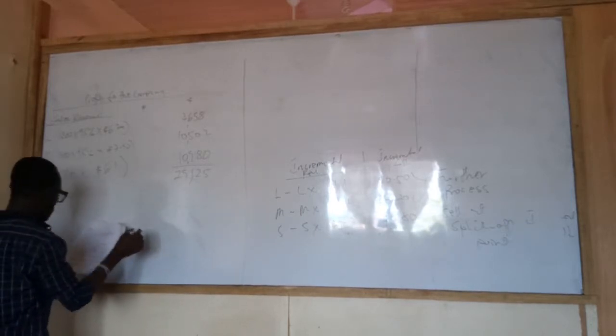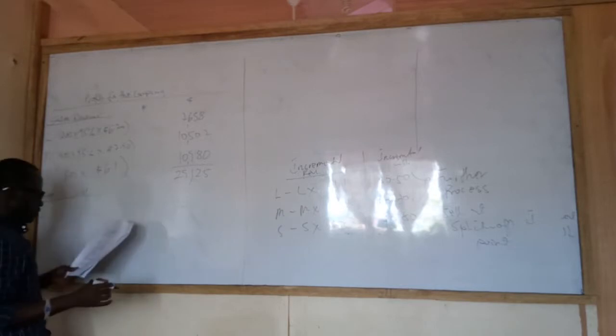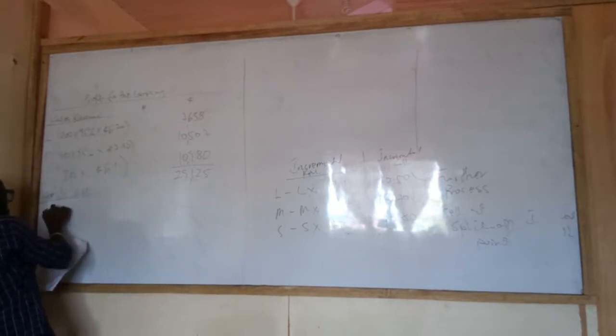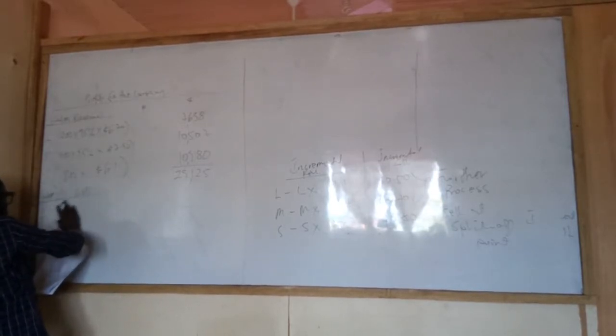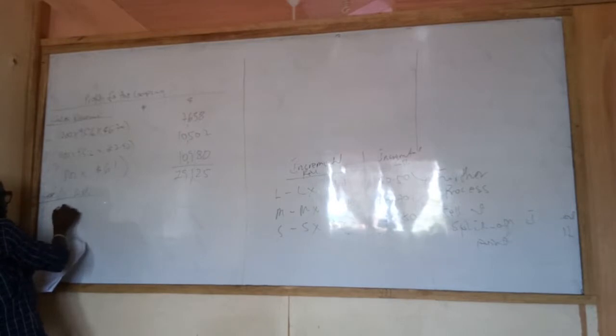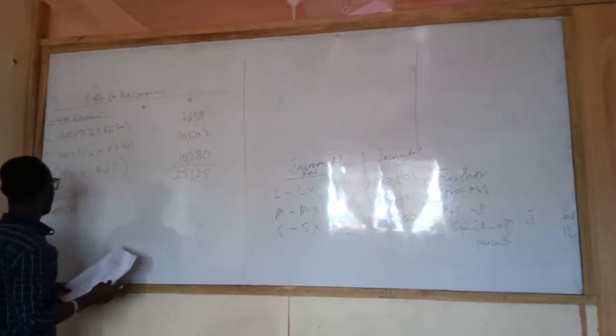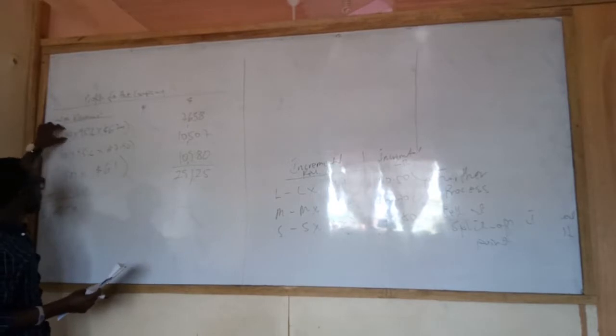Remember, we are preparing a profit statement. So L, what is the cost per unit? 0.05. So 0.5, right? Yes. Times what's the unit? 6.7. A cost.